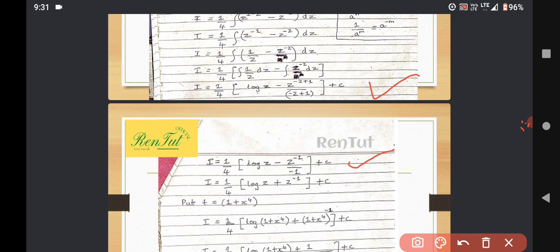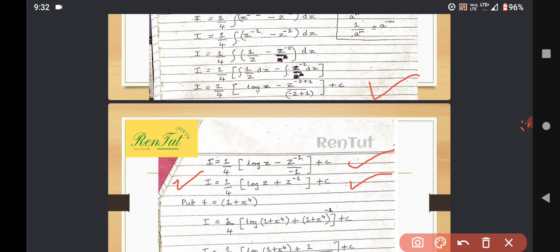The minus in the denominator and the minus in the numerator will become plus, as you can see in the next step. Plus c is always there. After you do integration, you have to put plus c, the value of the constant. So this is the form you have got: I is equal to 1 divided by 4, bracket log z plus z raised to minus 1 plus c.